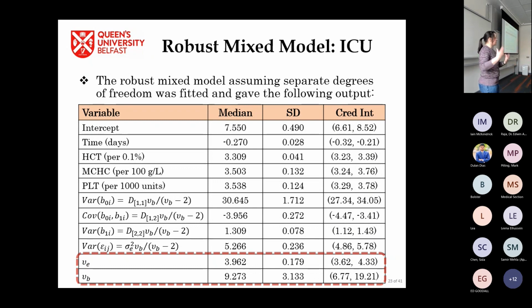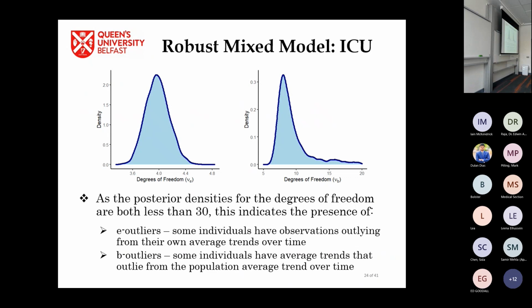So we are seeing that there is a need to separate out these degrees of freedom and to take into account the fact that there are outliers present in the data. Now, if we focus on these degrees of freedom parameters, we can look at the posterior distribution. And again, that just verifies what we've just discussed: our degrees of freedom is definitely different than 30, it's a lot less.